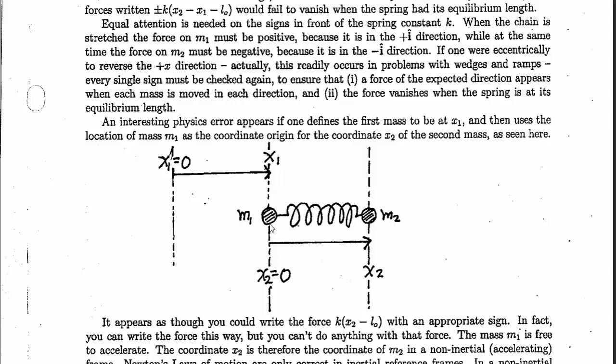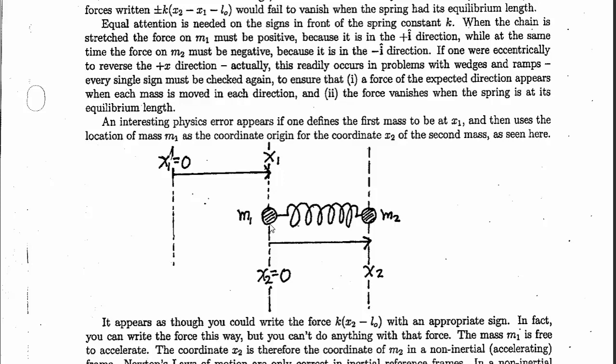M1 is not nailed to the center of the universe. It's free to accelerate. As a result, the coordinate system you're looking at here is not an inertial coordinate system. It is not a coordinate system in which the origin does not accelerate.